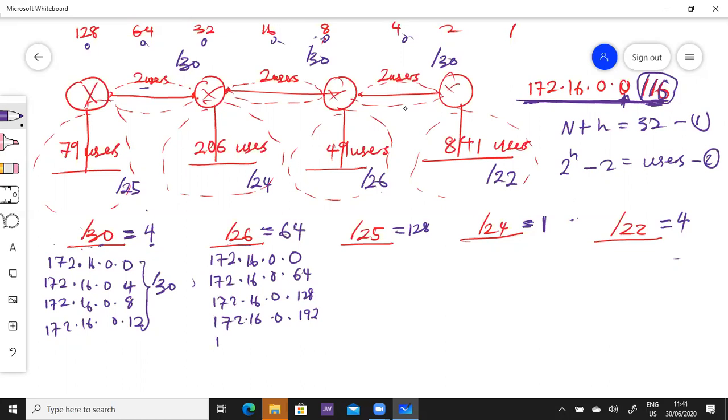And what will be the next one? Who can tell me? 192 plus 64 will give us what? 256. So do you write 256 here? No. What do we write?